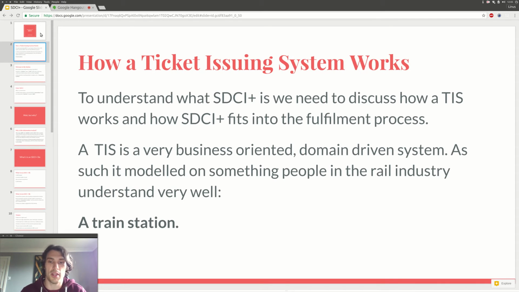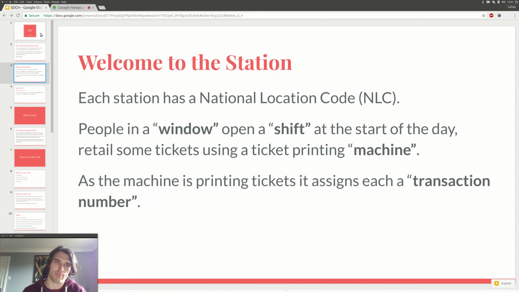And when they designed all these systems, that's where the ticket issuing systems were. They were part of the train station. As we go through this, I've bolded and quoted a few keywords here that are core to the domain, but I'll describe that model of the train station.